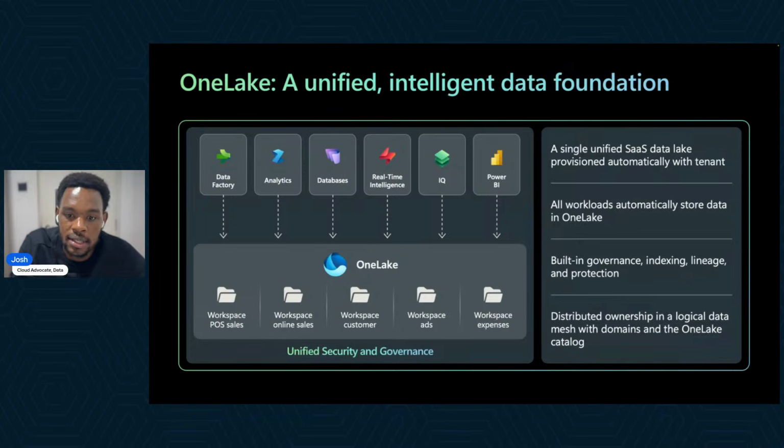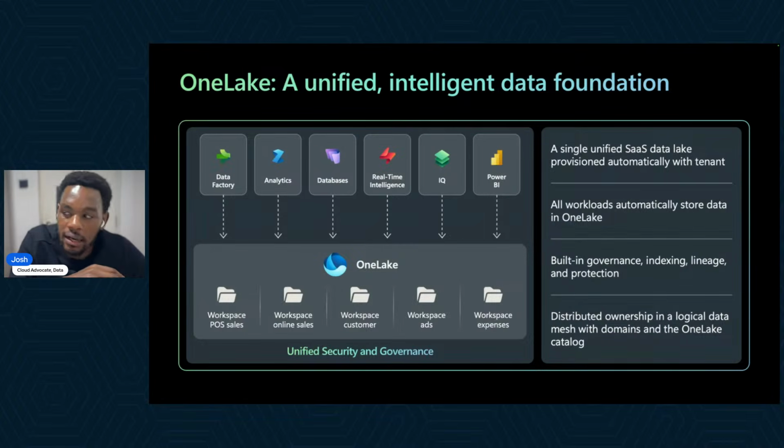And beyond just having a clear view, you also have controls that can allow you to configure the same. You can configure who has access to what. You're able to configure things like column level security for your tables, row level security for your tables, conditional access. All of that you're able to set up within OneLake.